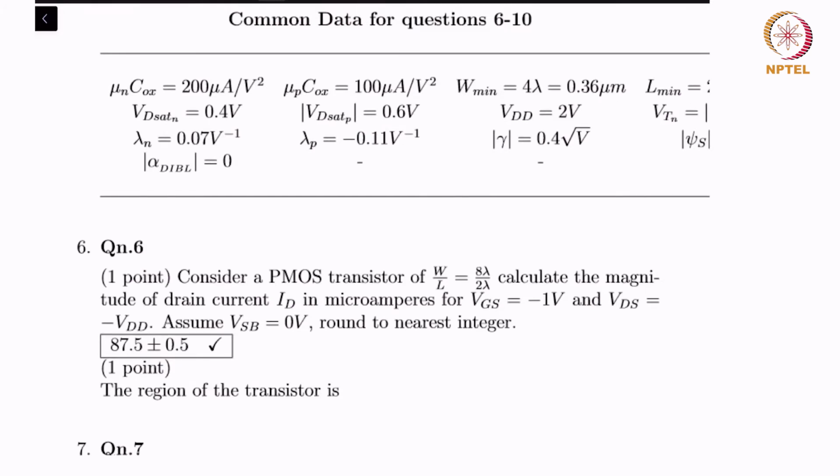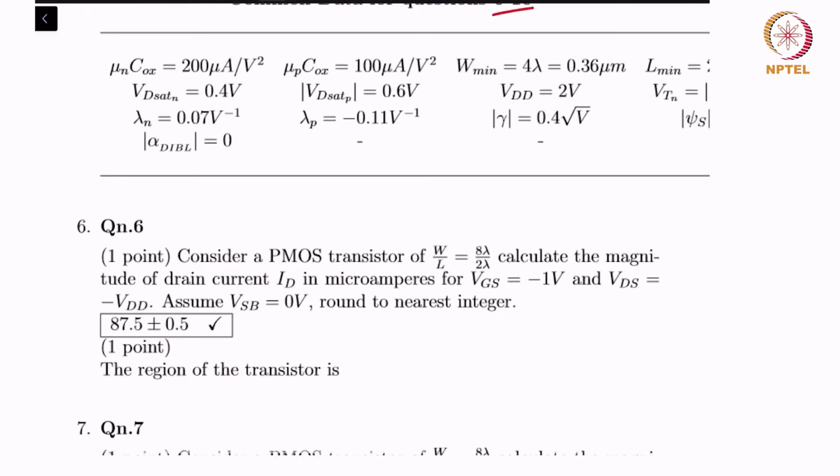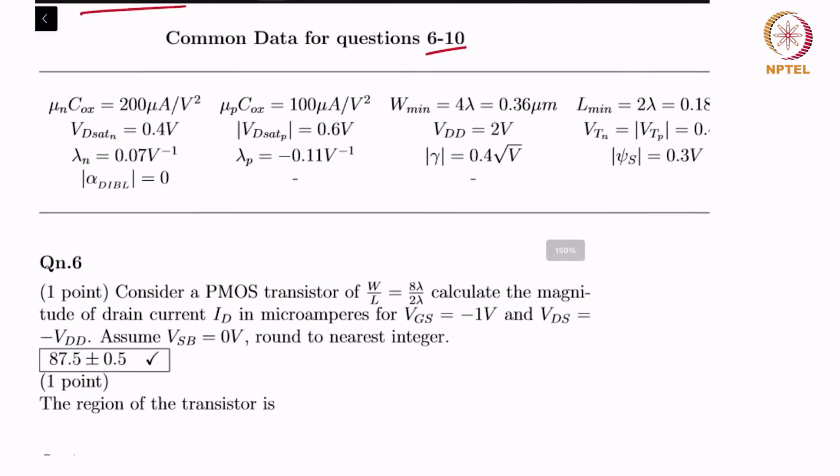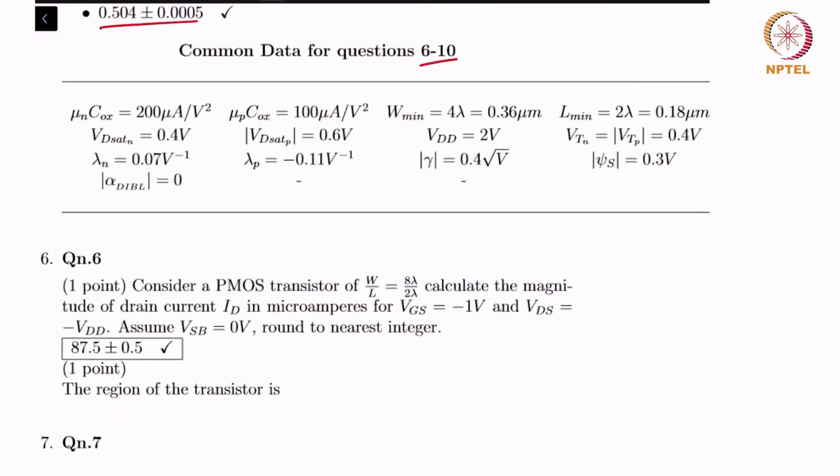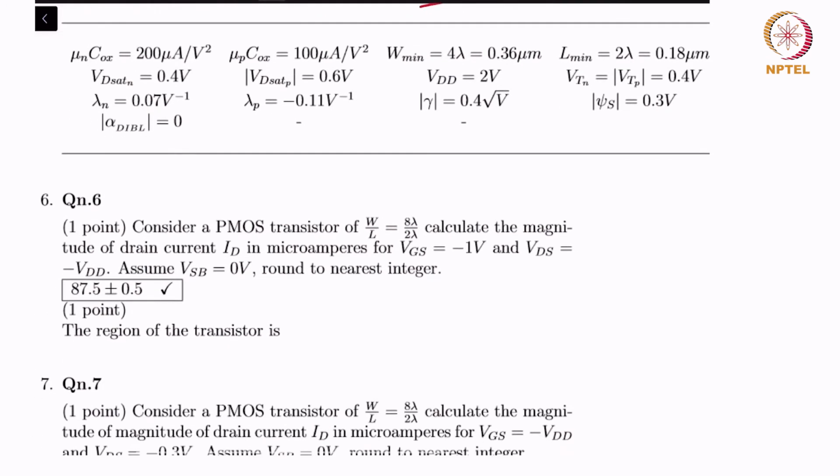So for questions 6 to 10, we are given the following common data, parameters regarding NMOS and Pmos, and we are asked to find the drain current ID under various conditions. To be noted, we are not going to specify a direction really.